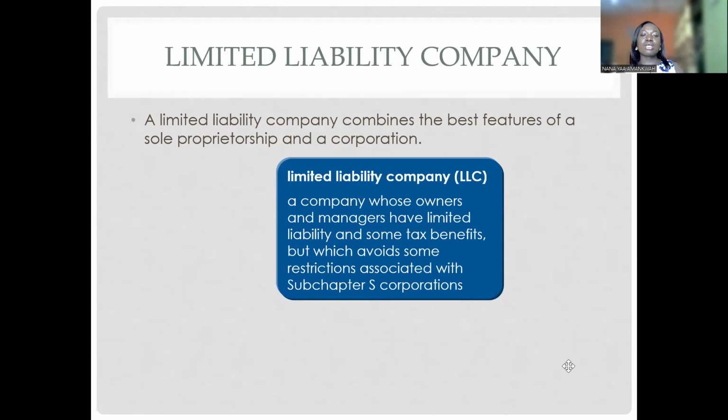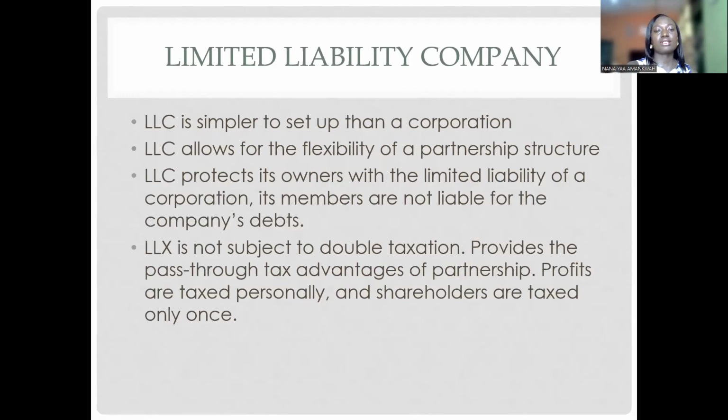It is a company whose owners and managers have limited liability and some tax benefits, but which avoids some restrictions associated with the subchapter S corporation. I told you that subchapter S corporations usually exist in the US. These limited liability companies don't go through the restrictions that the S corporations have. They are free and better off than them.